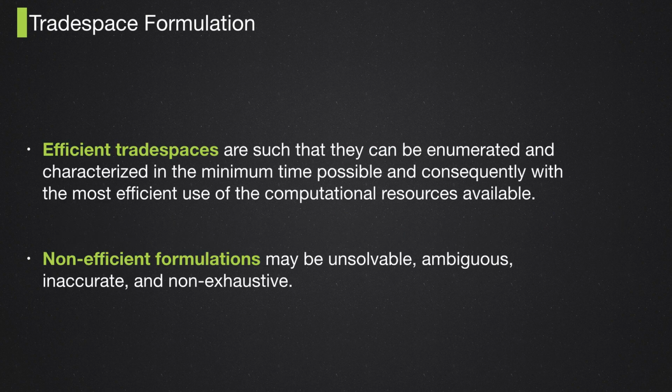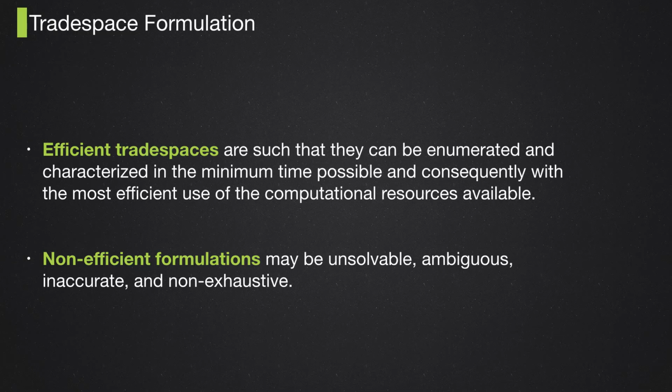Efficient trace spaces are such that they can be enumerated and characterized in the minimum time possible, and consequently with the most efficient use of your computational resources. As you will see later on, trace space exploration involves a lot of coding and computational processes, and having an efficient formulation in some problems can be critical. Non-efficient formulations, in fact, may result in unsolvable, ambiguous, inaccurate, and non-exhaustive formulations.